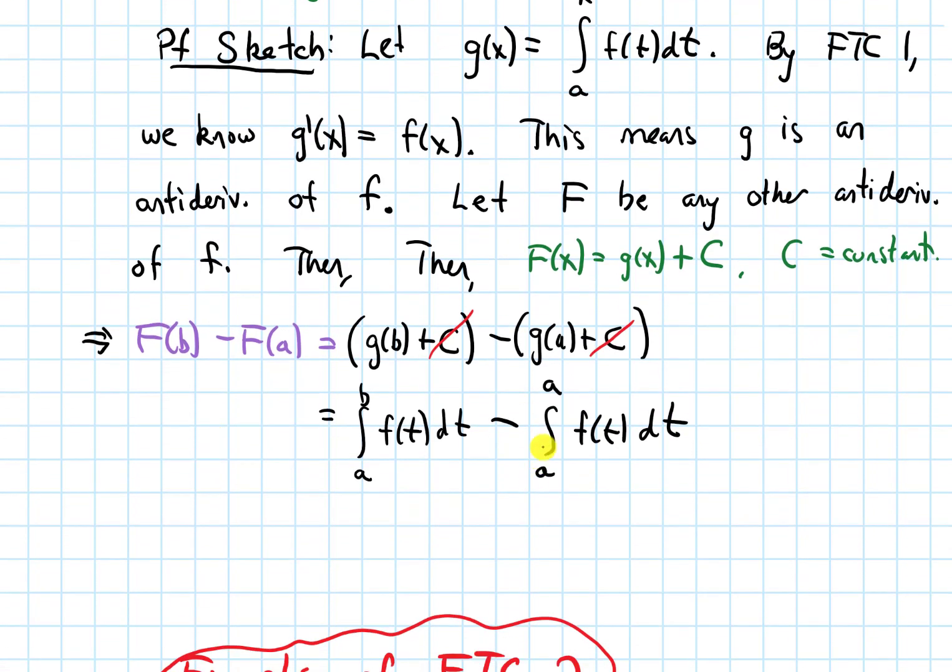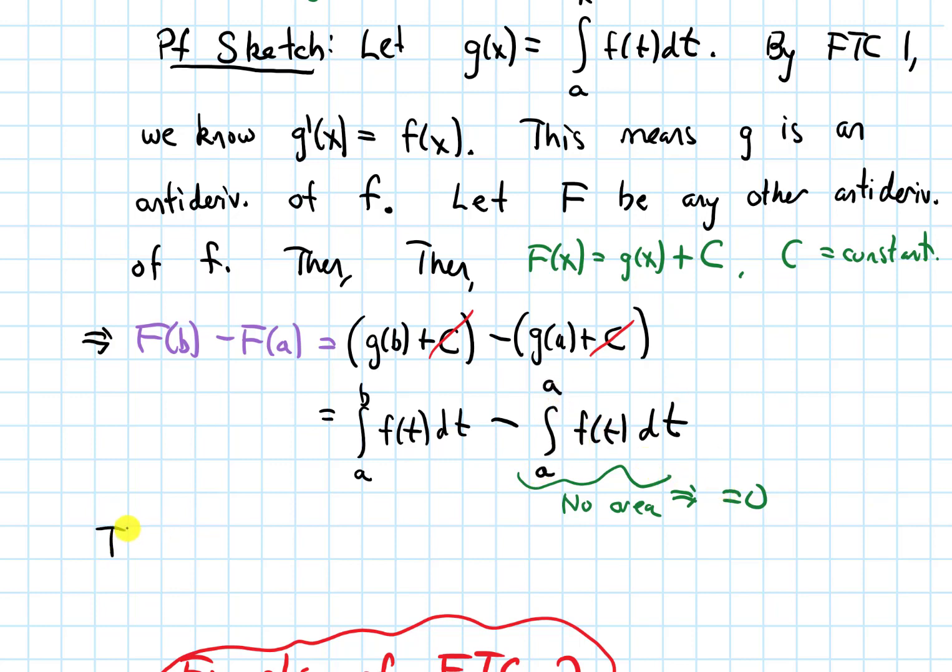Okay, one of these integrals, we just know what it is. The second integral, because it goes from a to itself, there's no area involved here. There's no area, so this equals 0. Right, and that also is one of our integral properties. When you do an integral of some function from a number to itself, that equals 0.